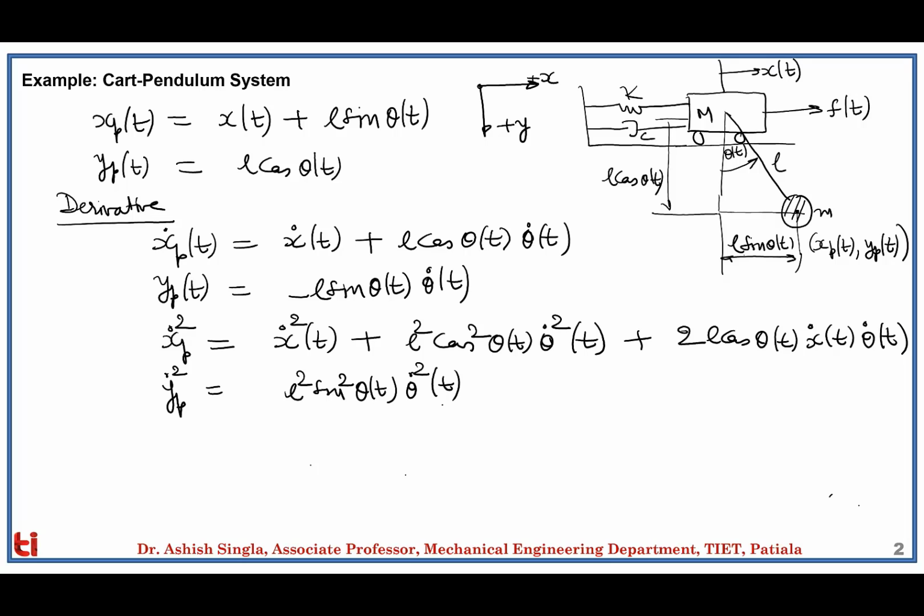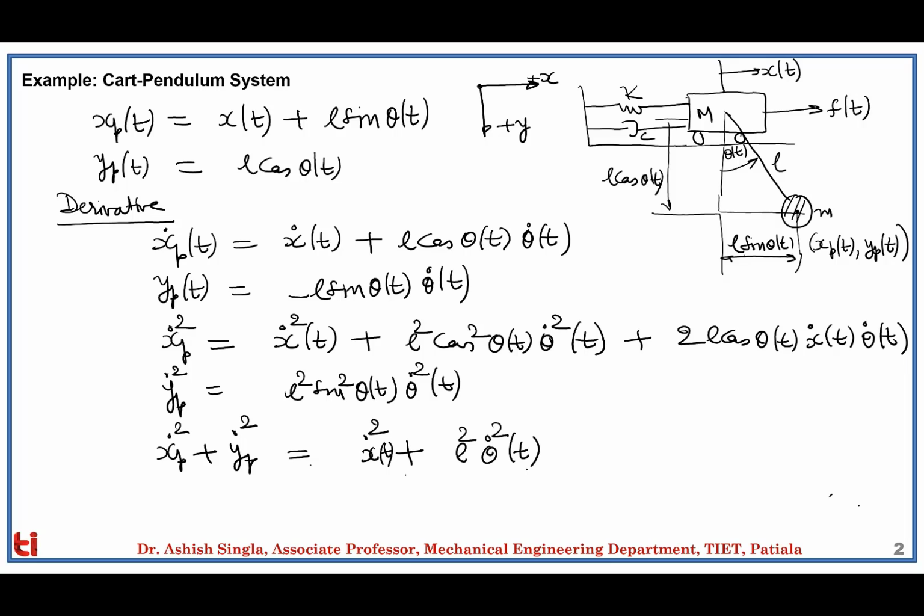So then we'll add xp dot square plus yp dot square, which will give us x dot square plus L square theta dot square.